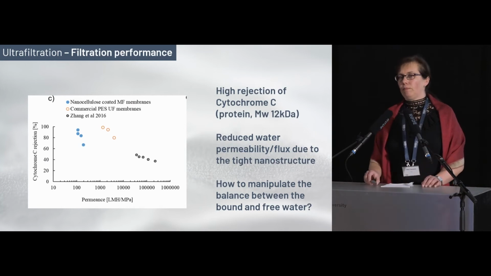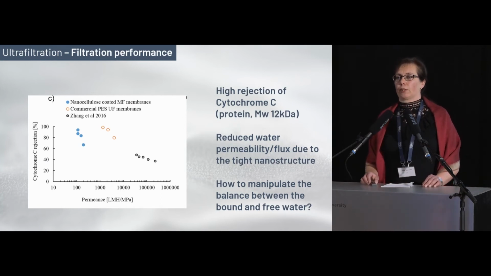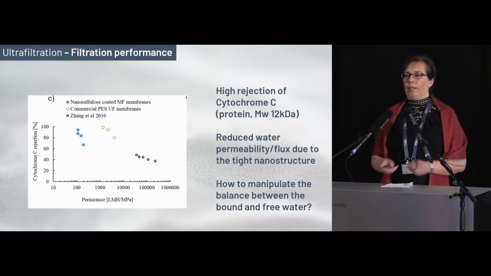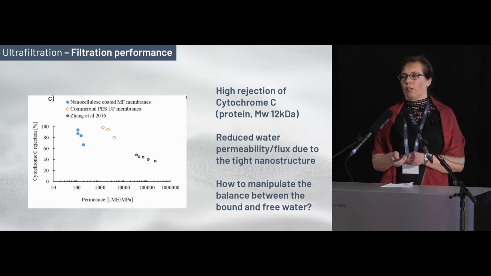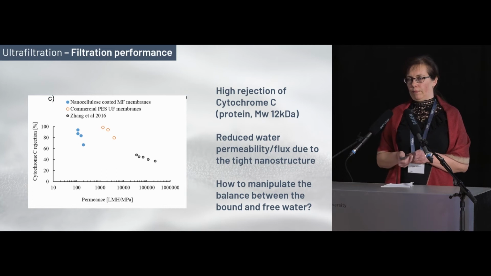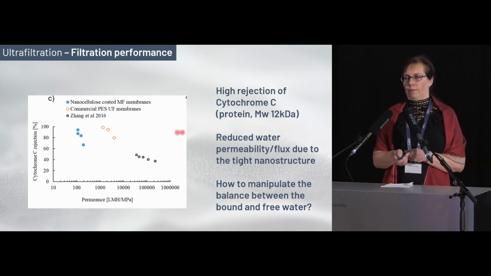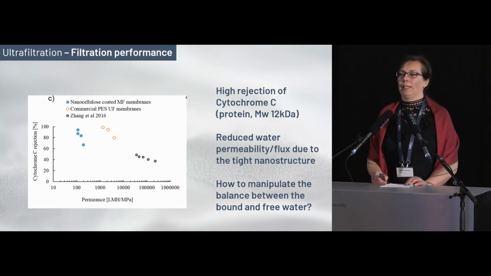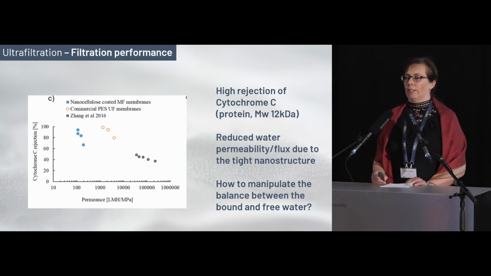Regarding filtration performance of these nanocellulose-coated membranes, we see high rejection of this protein, which is a good thing. But if we compare the rejection versus permeance on the commercial PES membrane, we can see that we lose when it comes to permeability and flux due to the very tight nanostructure.